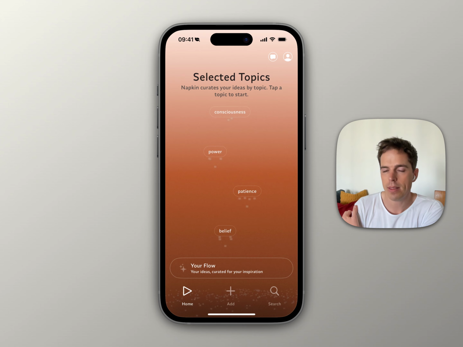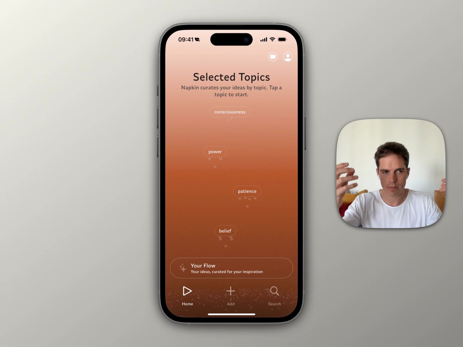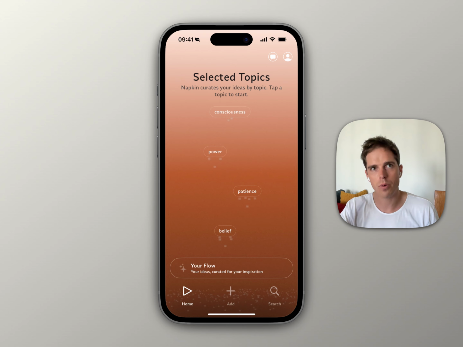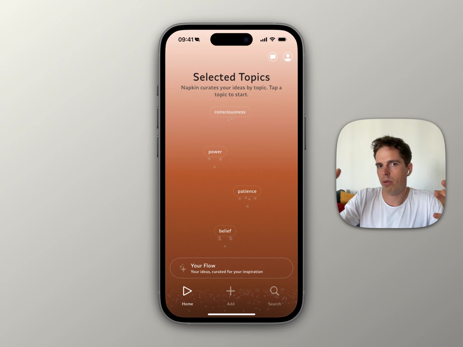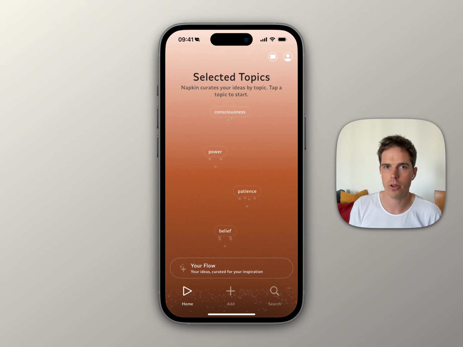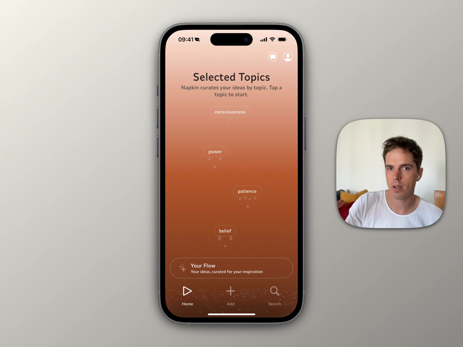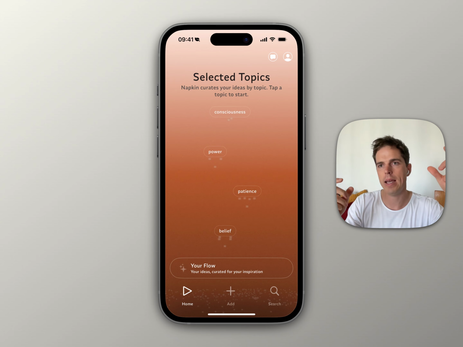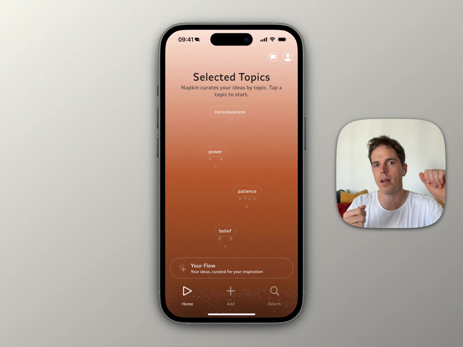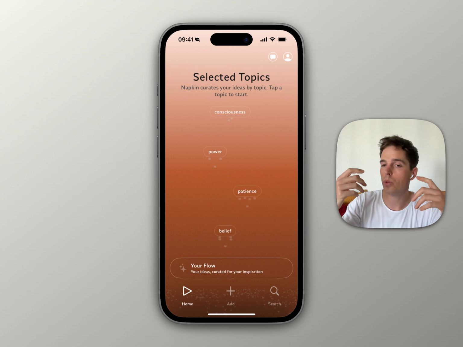And if you add those ideas, immediately Napkin would say, well, I'm not really sure where to put that because there is no space open for this area yet. And I'm also not really knowing how to find associations to the existing ideas. And therefore, roughly once a day, your Napkin is dreaming. And that means it looks at all the ideas that you have in that space, and it kind of sorts them out, rearranges them a little bit, also adds new topics.